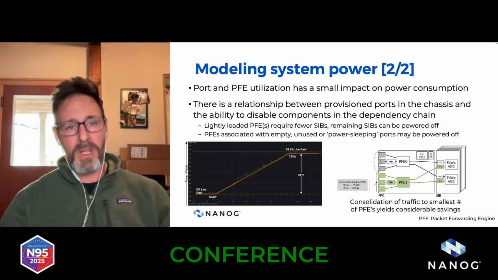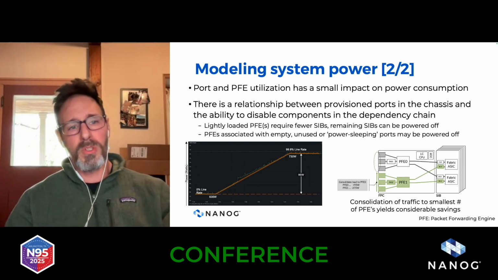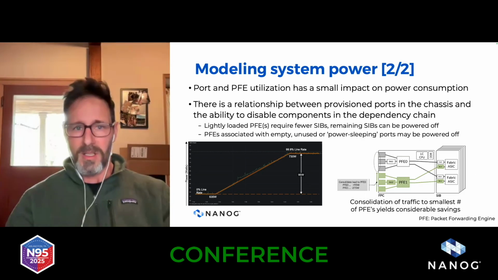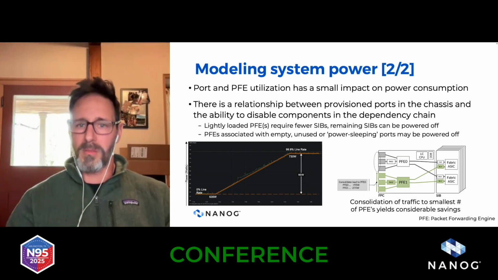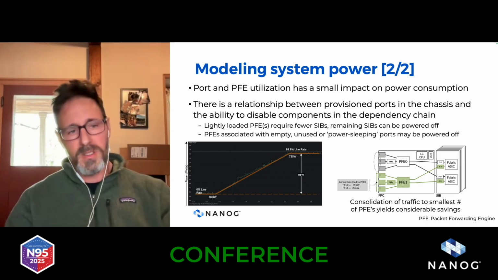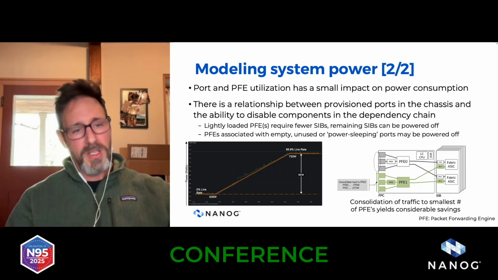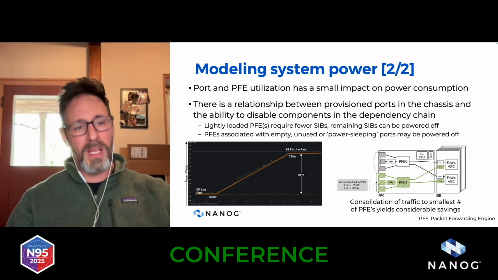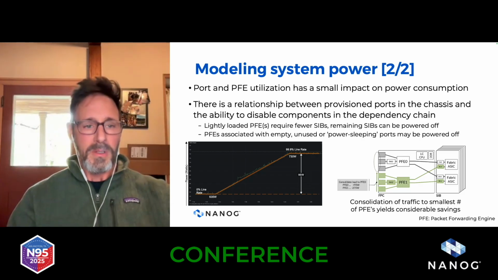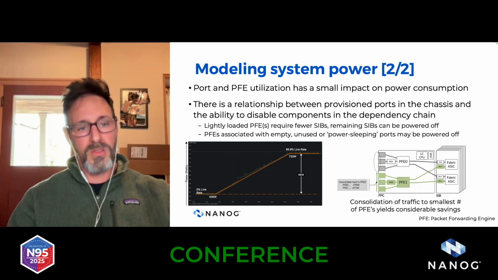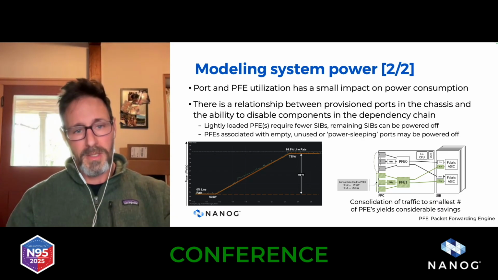The other thing to note is that the actual utilization of our forwarding engines has a very small impact on power consumption. This is depicted in the left-hand diagram, where you can see that just the packet forwarding engines in this example, even forwarding no traffic at all, consume 635 watts.